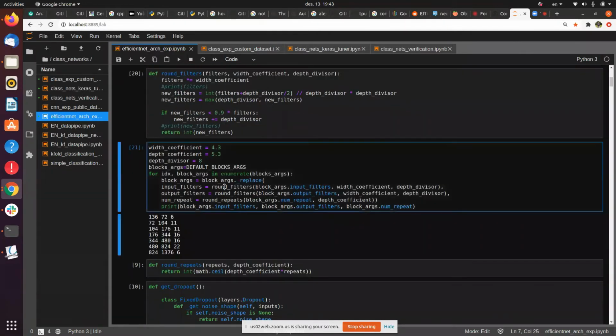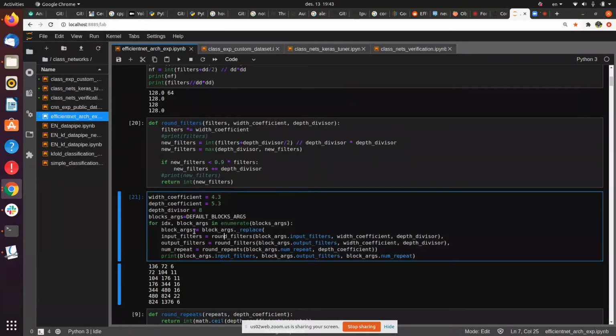I built something here to see what happens when you pass a width coefficient. For example, if I pass 1, it is not going to change.